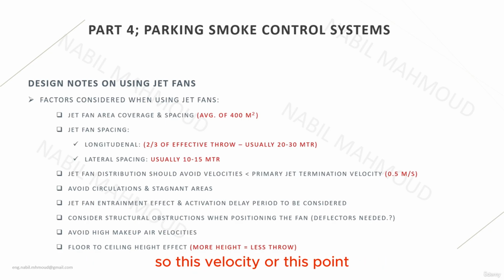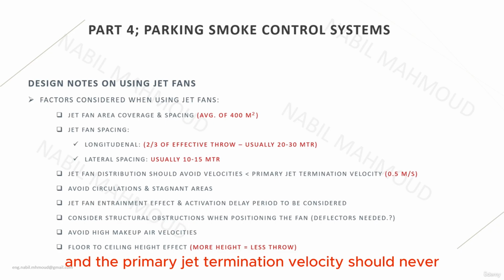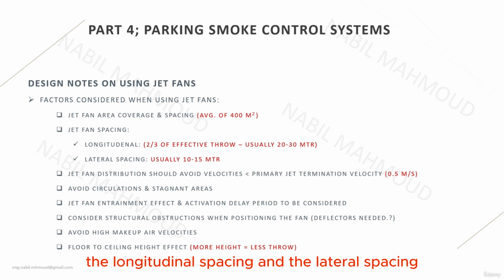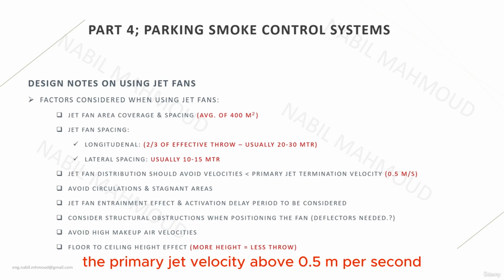This point is called the primary jet termination velocity, and it should never drop below 0.5 meter per second or 100 feet per minute. That's why the suggested longitudinal and lateral spacing is formulated to maintain the primary jet velocity above 0.5 meter per second.